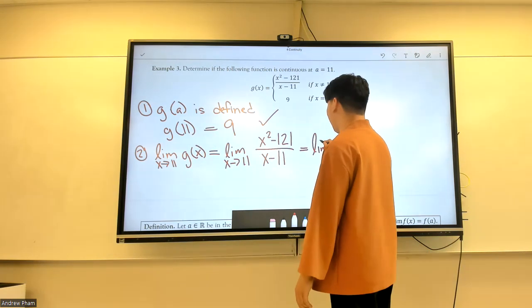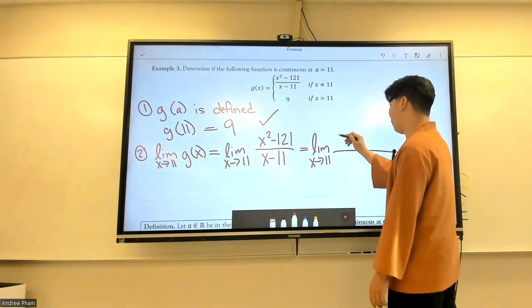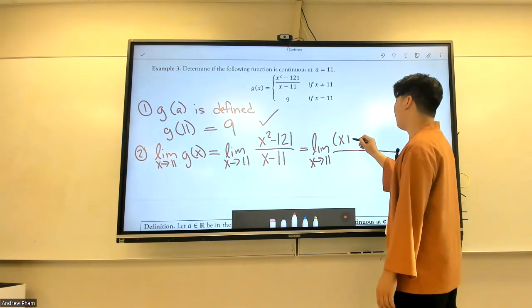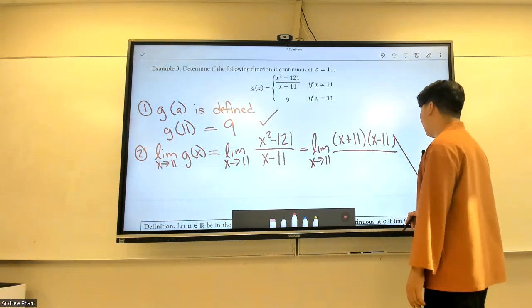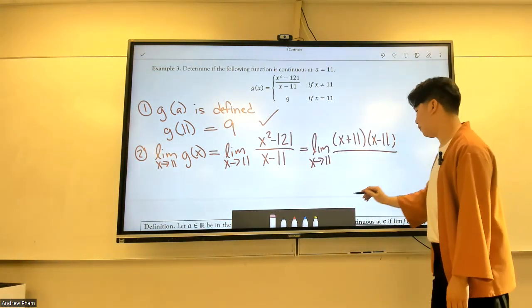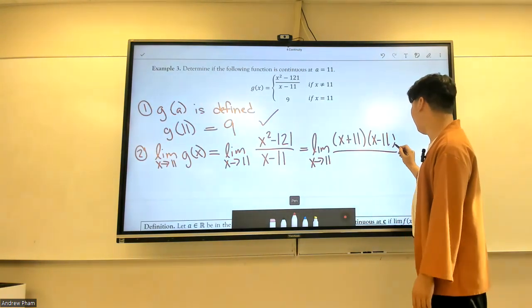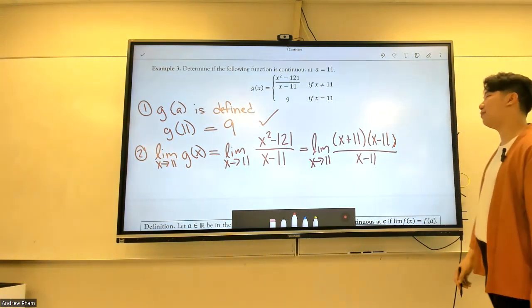And fortunately for us, this does in fact factor. What's the top factor into? Yes, x plus 11 times x minus 11. And then on the bottom, there's nothing that changes.